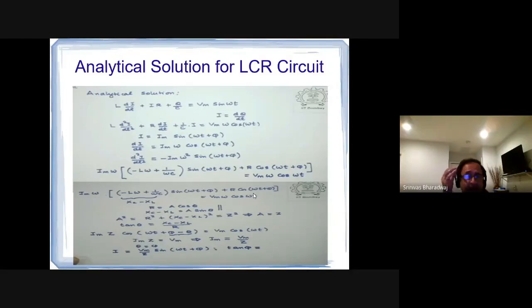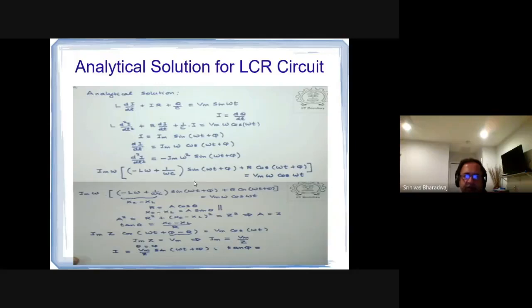Therefore, this side is phase dependent, and this side is not. From this, he introduces tan theta as Xc minus XL over R, and therefore he writes what's on the left side in terms of this.